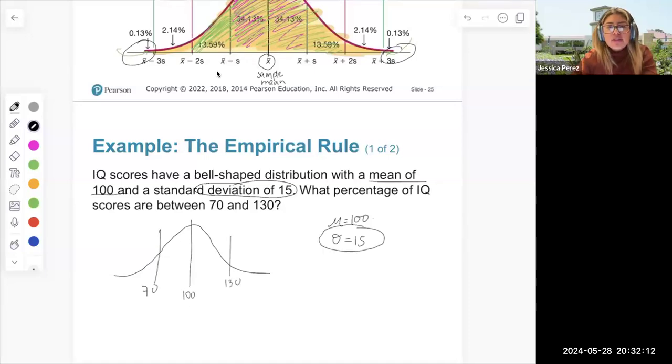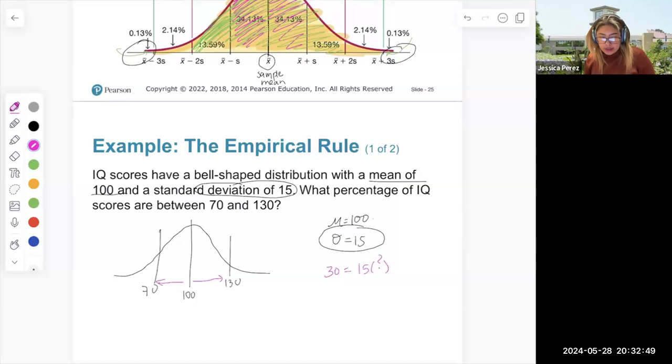How many standard deviations away is that? We look at the distance. The distance is 30. So 30 is equal to 15 times something. We know that the standard deviation is 15. 15 times what gives me 30? Where am I getting the 30 from?